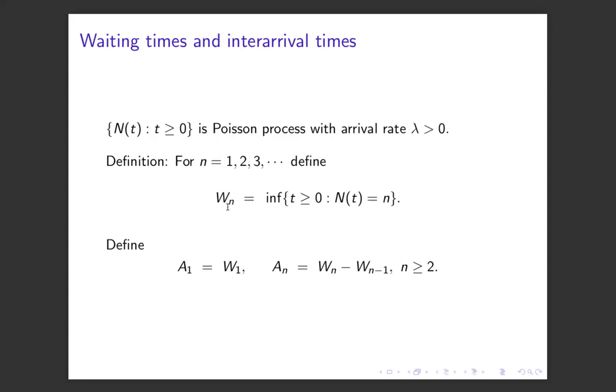This need not be an integer. This little n is the integer. Wn can take any value between 0 and infinity. Similarly with the A sub n's. Sorry, I just made a slip of the tongue. These are non-negative random variables, not integer valued.